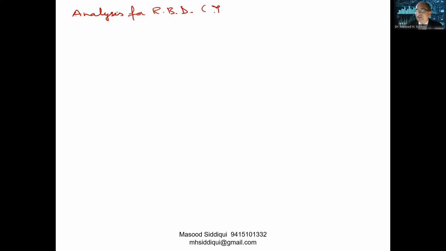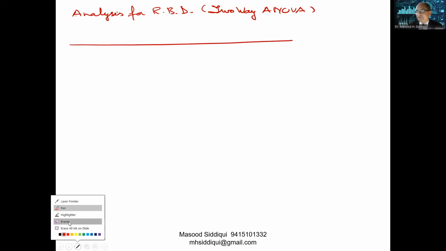It is two-way ANOVA, as there are two causes for the variation. Two-way analysis of variation.